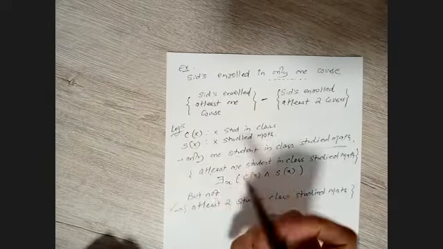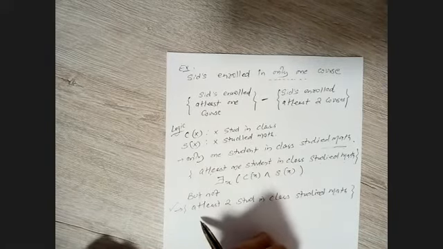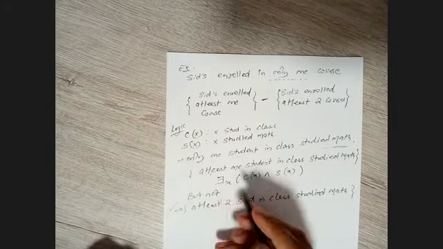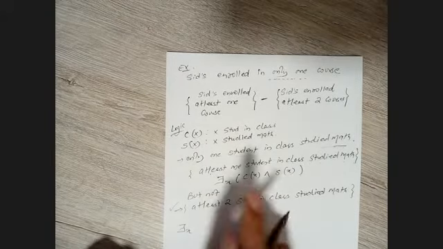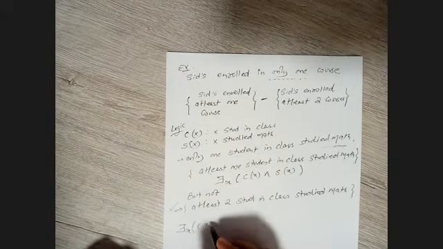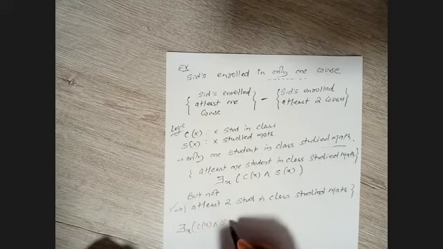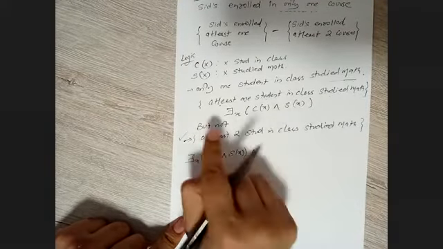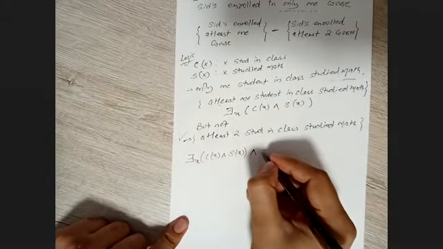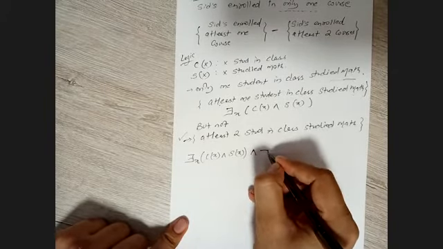So all in one, how can we write the logic here for only one student? That's it: there exists x, who is a student of a class and studied math. And this, not, is the negation operator.